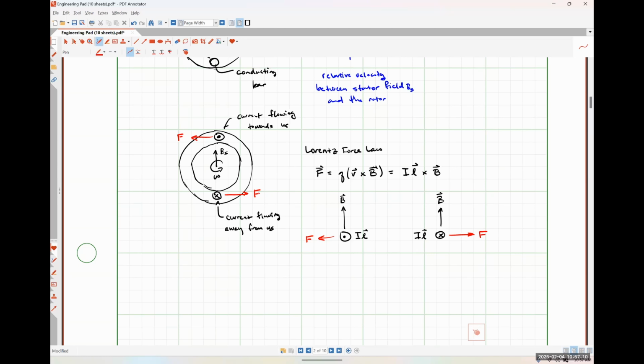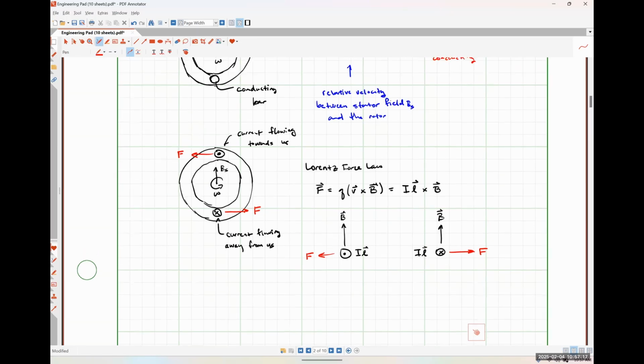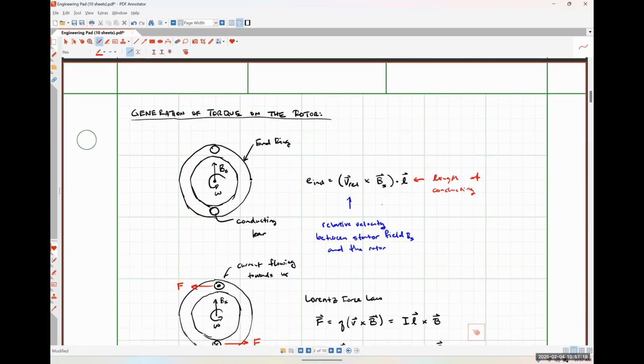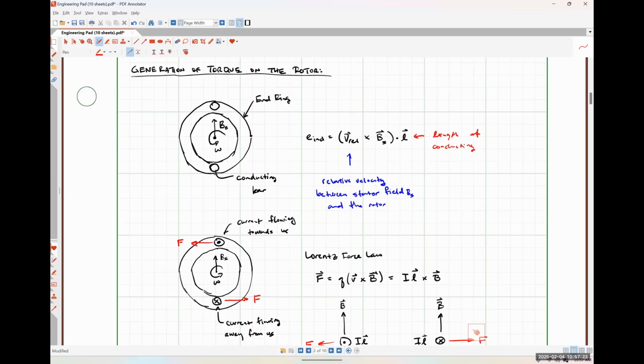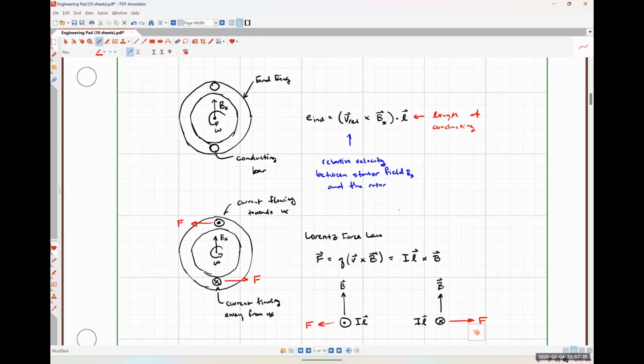If our rotor spins at exactly omega, we have a problem because we no longer have any relative velocity, which means we're no longer inducing that voltage, which means we no longer have current flowing through our system. So essentially, we're always going to be just a little bit behind how quickly our stator field is spinning, okay?